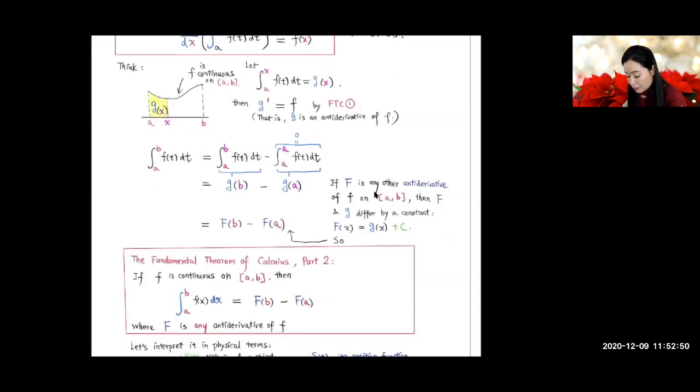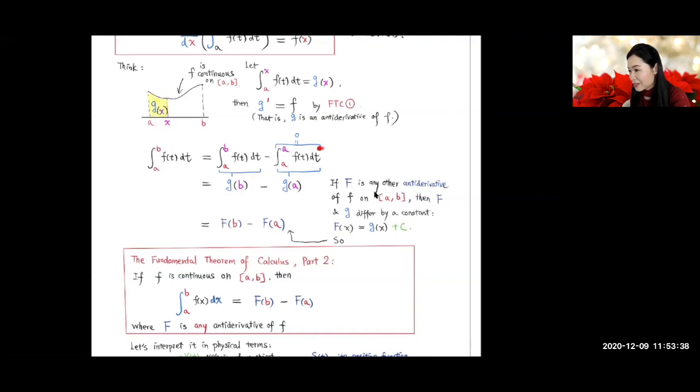So when you integrate this function from a to b, that's the same as subtracting this integral over here from a to a. Now think about it in terms of this picture. Remember the g here, you can interpret as the area under the curve from a to x. So this over here will be the area under the curve from a to b, that's g of b. Now what about this one over here?